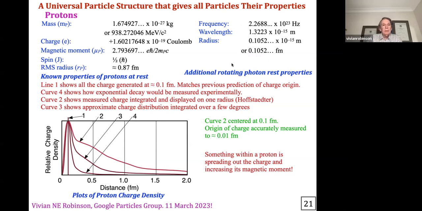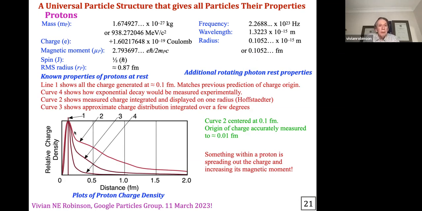Now, we're in the fortunate position that the charge distribution on photons has been measured, and was done by Hofstadter and his team in the 50s. If all of the charge was at this dimension, then it would have this magnetic moment, and you would have all of the charge at this point, which is very close to 0.1052 FM.